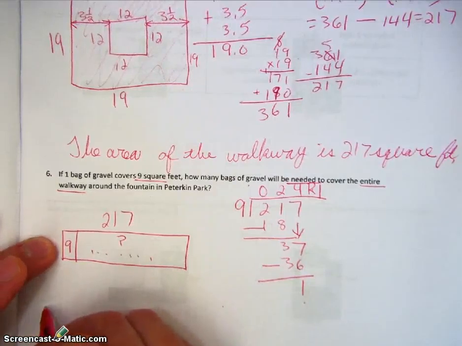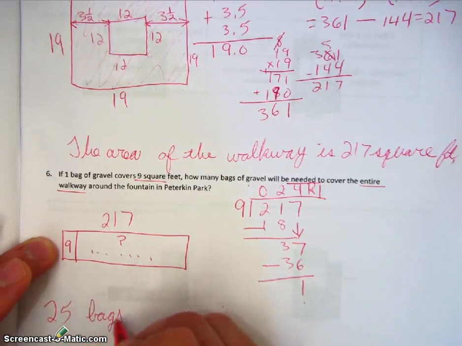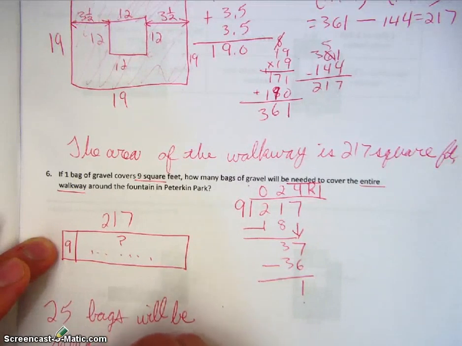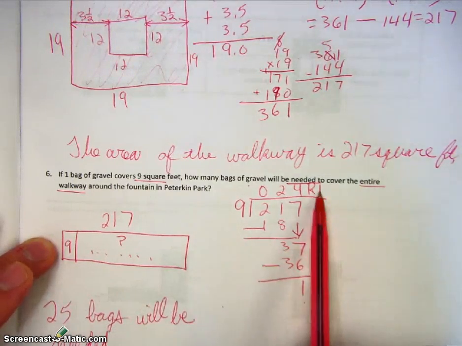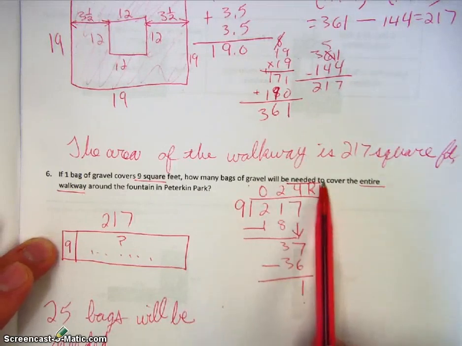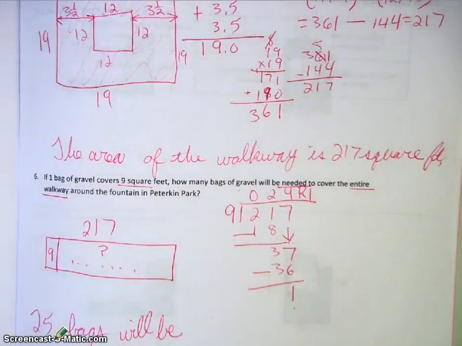So 25 bags will be needed. Okay. Again, we have that 1 square foot, so we got to buy 1 more bag to get that last square foot. So we'll have a little bit of gravel left over. Okay, but we got to make sure we cover the whole walkway.